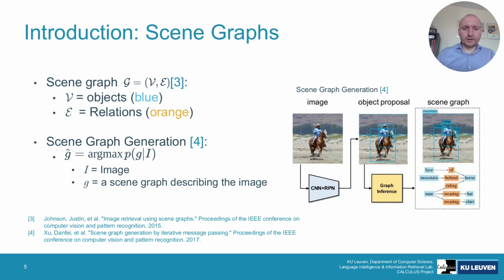These scene graphs can also be automatically generated in a similar method as for the image captioning, as we can see here in the formula. So we want the most probable graph that describes the image here, and while in captioning we want a sentence, in the scene graph we want a set of nodes and relations.